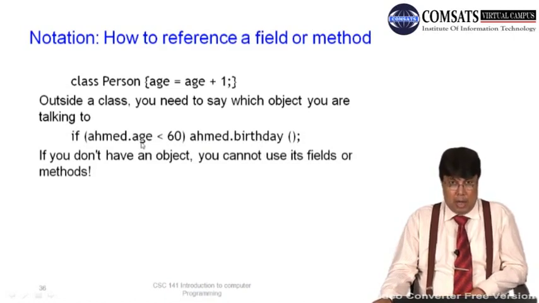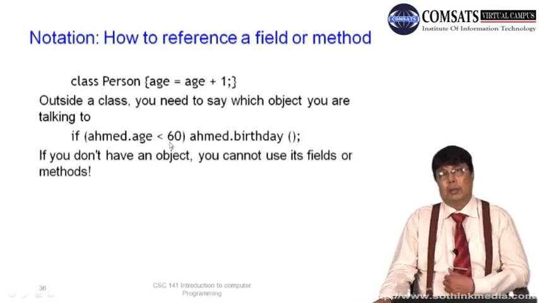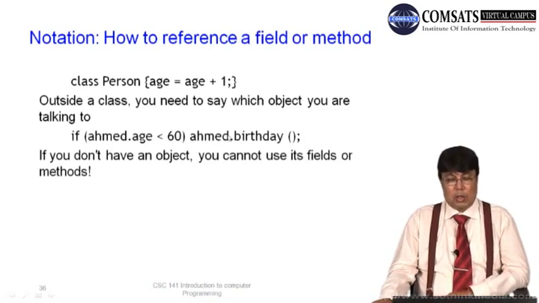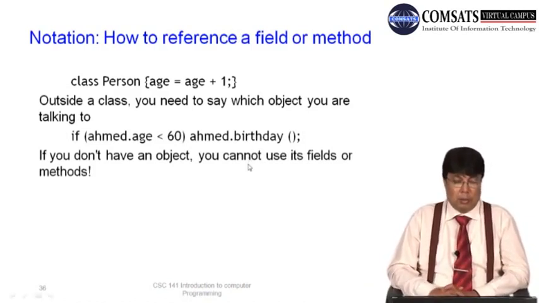What does it mean? This Ahmed is an employee, and if he is less than 60 years, he can still be employed, or if he is 60 years of age, then he will be no longer employed and will become superannuated. So as long as Ahmed is less than 60, you can just call his birthday, and you can keep on increasing 1 year on his birthday to maintain the age of that particular employee.